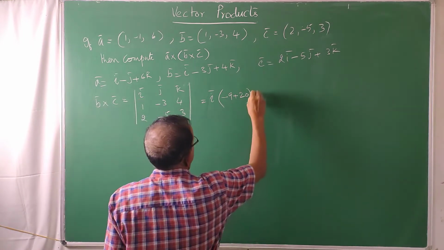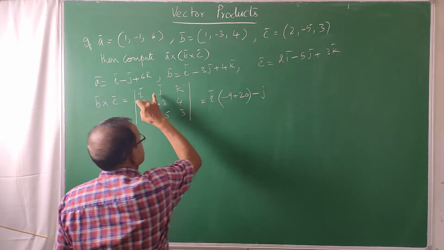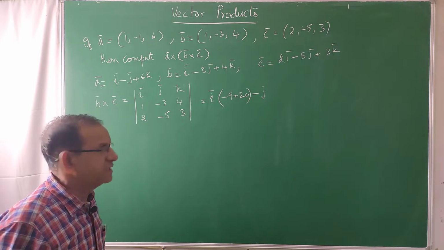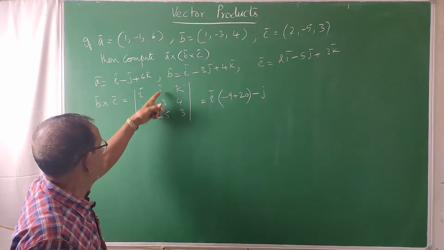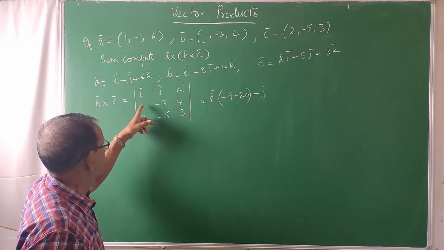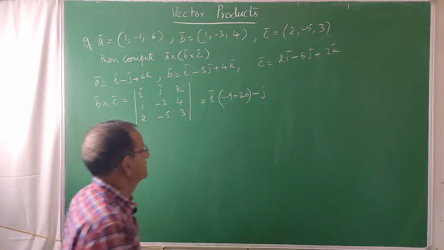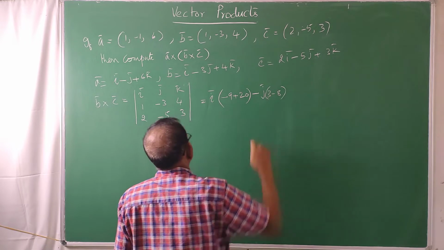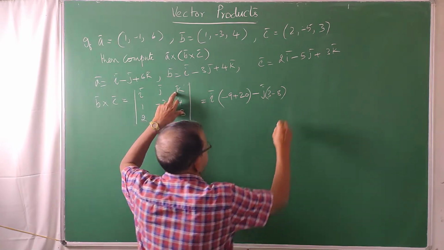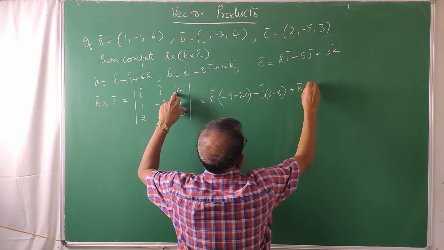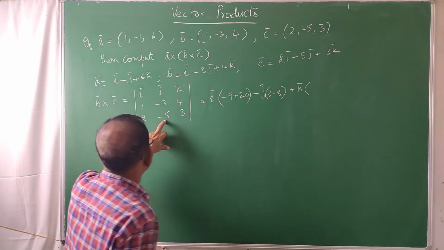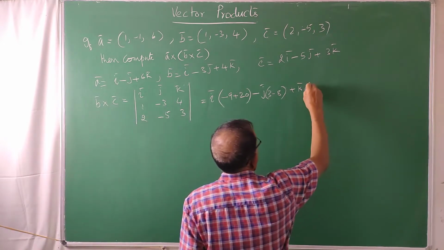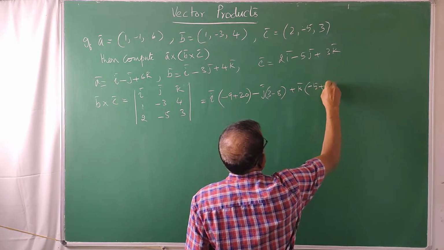Here minus j bar you have to write, because row number plus column number is an odd number for j bar. So minus j bar into, delete the middle column and first row, 3 minus 8, plus k bar into minus 5 plus 6.